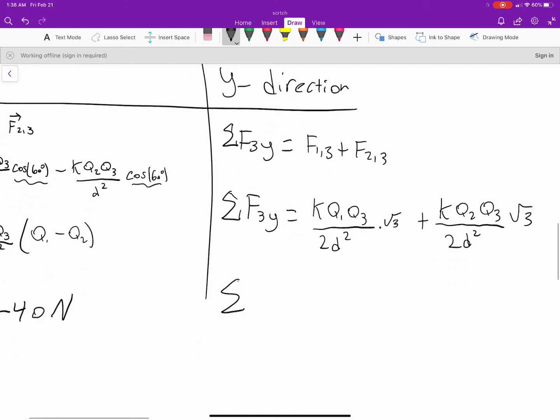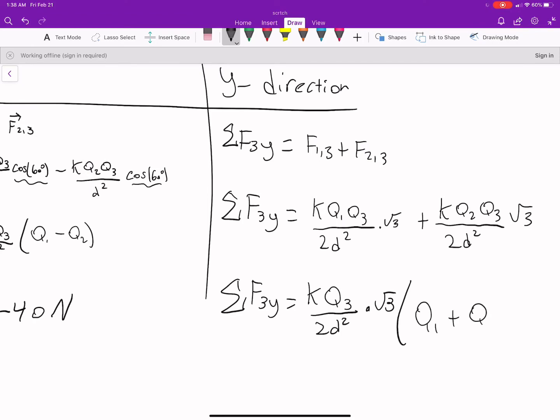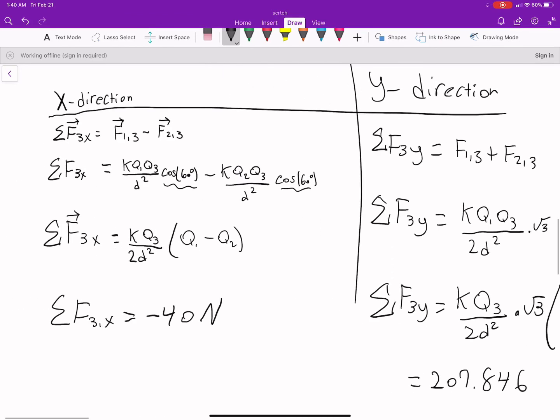So, factor some stuff out to make our life a little bit easier. What can we factor out? How about a K? How about Q3? 2 times the distance squared. Can factor out a root 3. And it's just Q1 plus Q2. All right. So real quick correction.